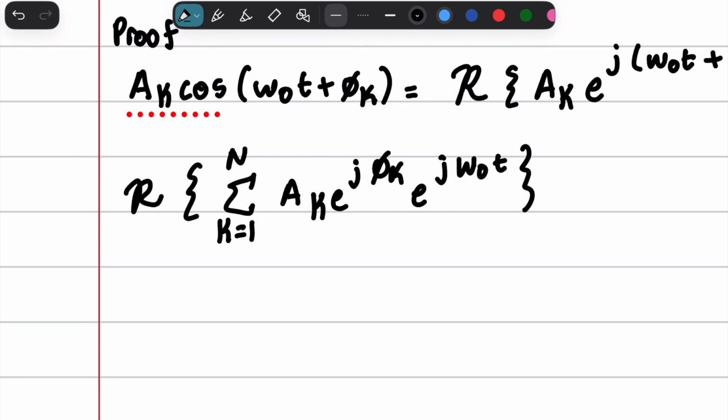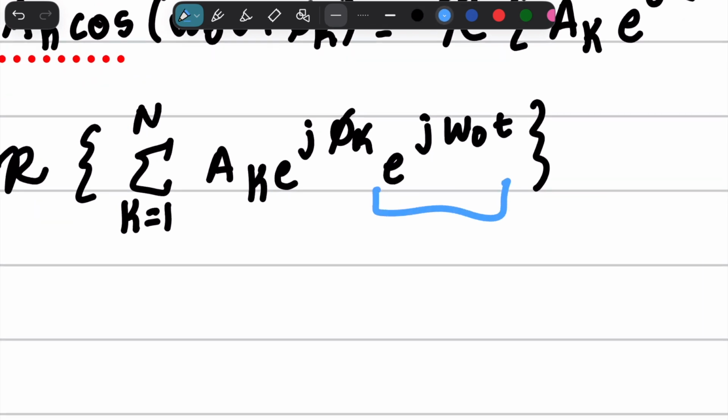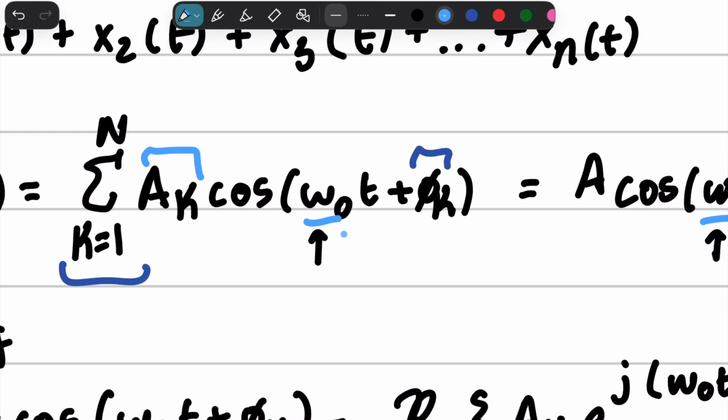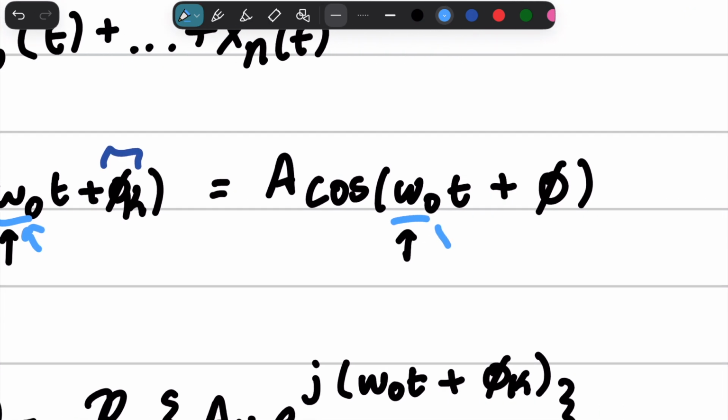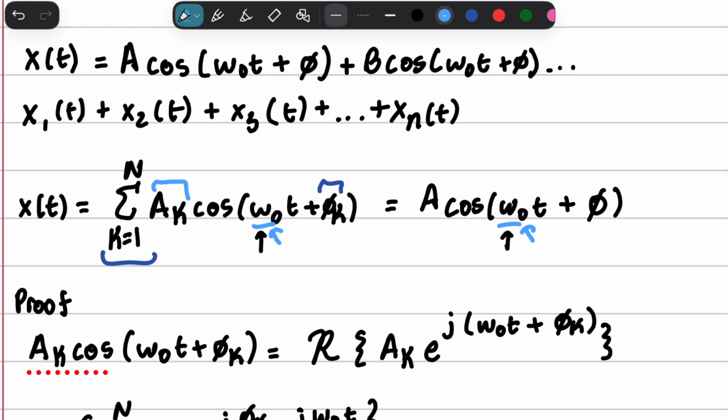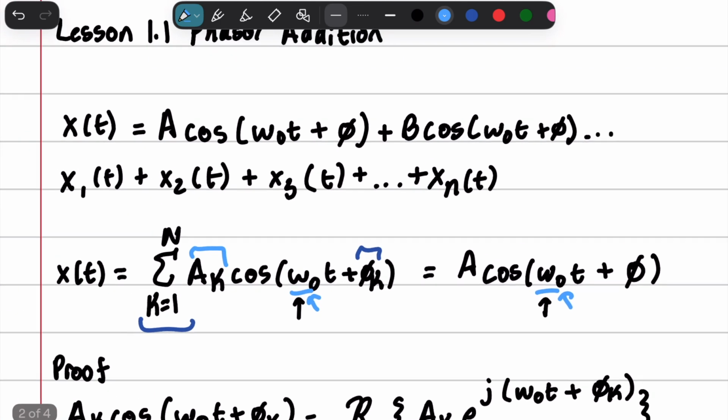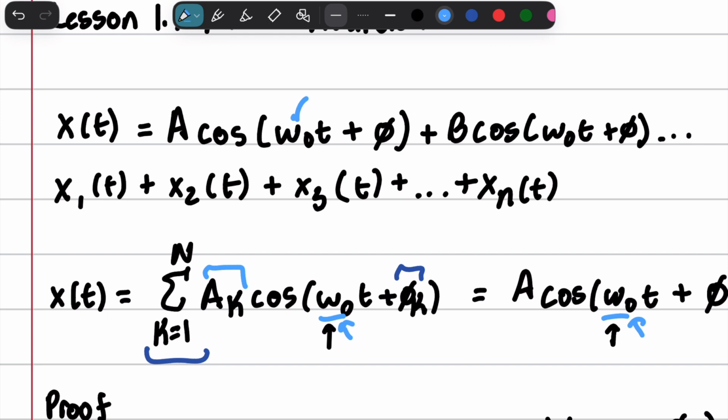And here's the cool thing. This right here is identical for every single sinusoid because we have this omega naught. Like I said here, omega naught and omega naught. So for phasor addition to work, you need to work with sinusoids that all have the same frequency. They can't be different. If they're different, then this method falls apart.